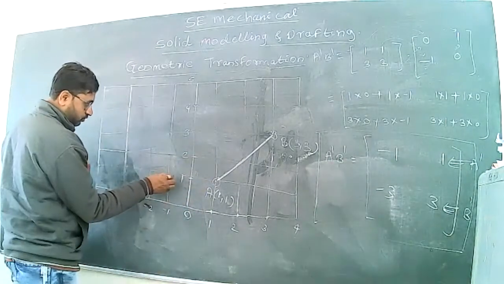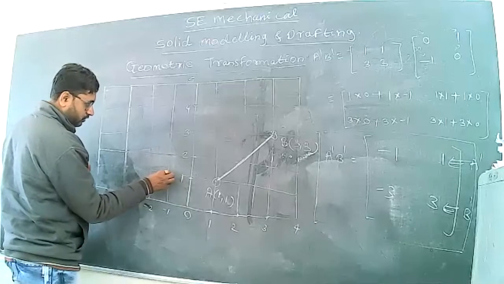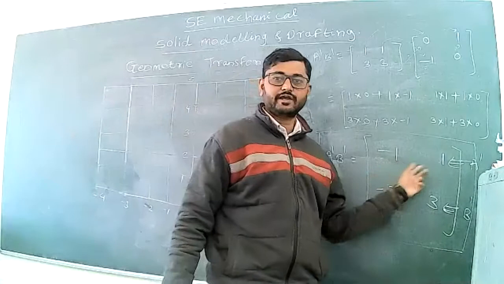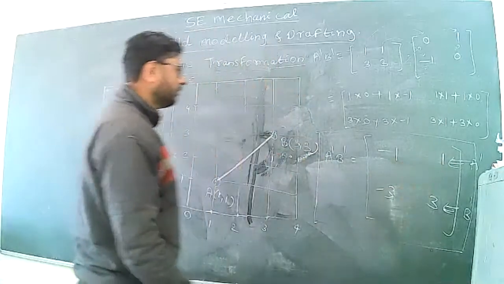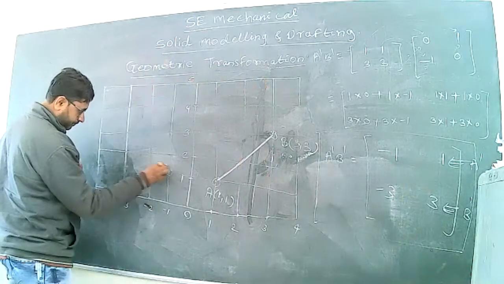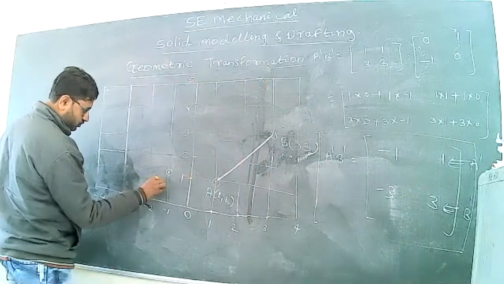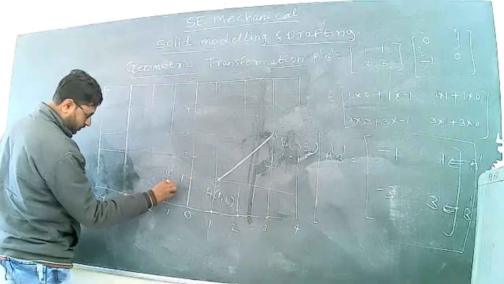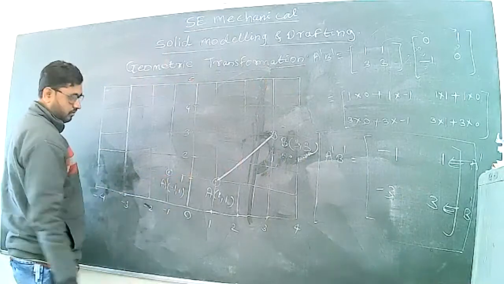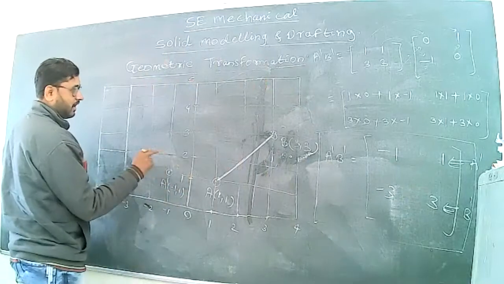We now construct the new line. For A dash, the x and y distances are minus 1 and 1, so A dash is at minus 1, 1. You have to locate these points on the graph.